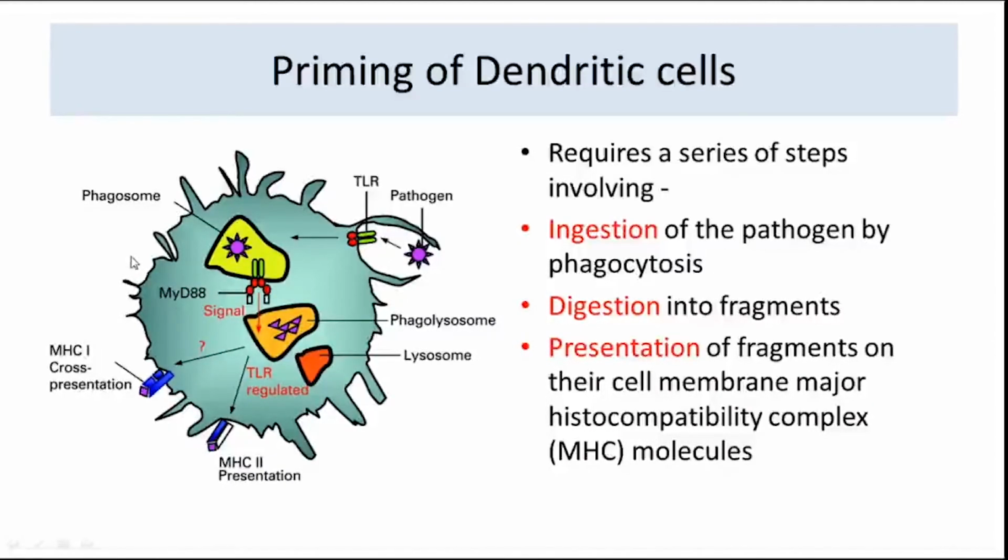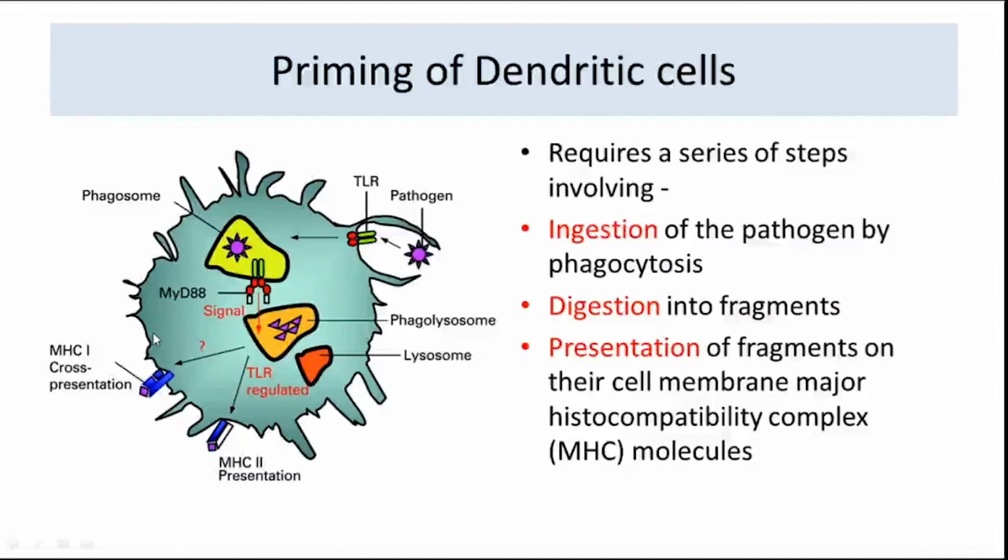These fragments are further represented on the outer side of the cell membrane of the dendritic cell, attached with the major histocompatibility complex, that is the MHC molecules. Here the fragments of the pathogen are being represented outside the dendritic cell. So this is the maturation of the dendritic cell.